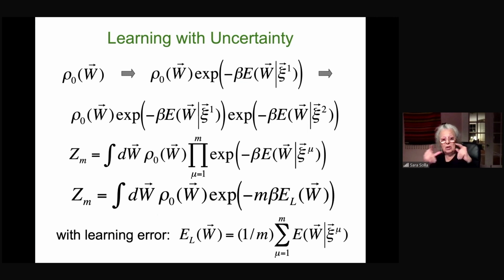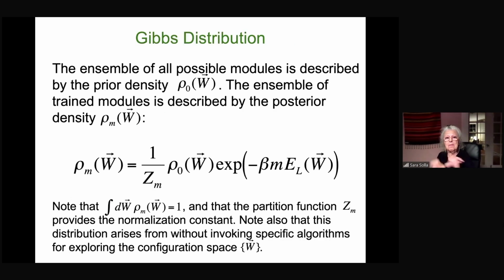So this is a way to induce a new probability density over W space away from rho 0.